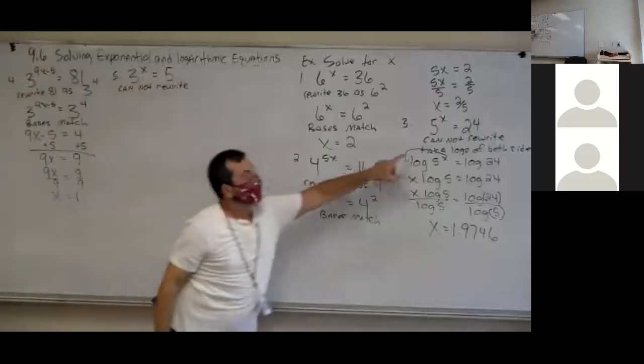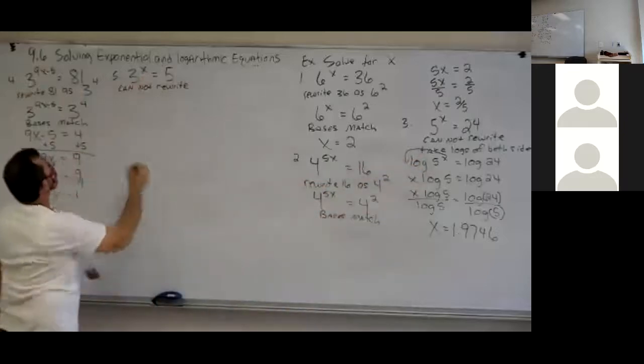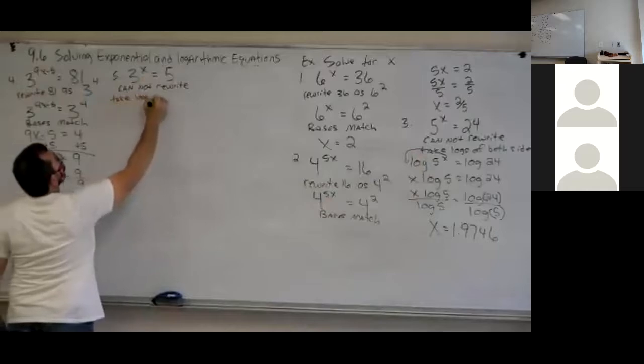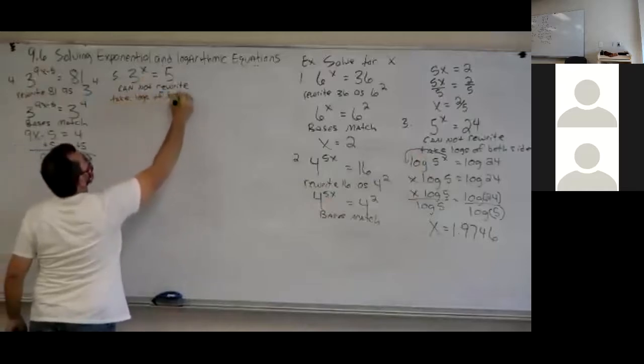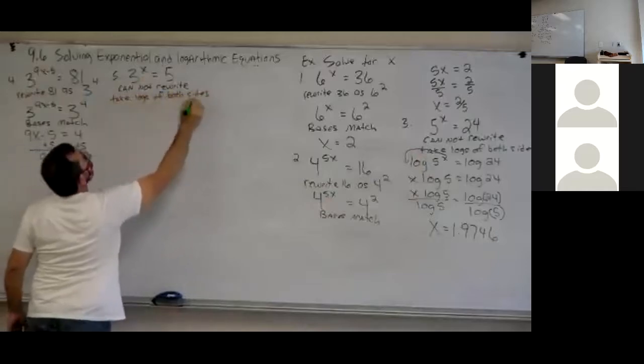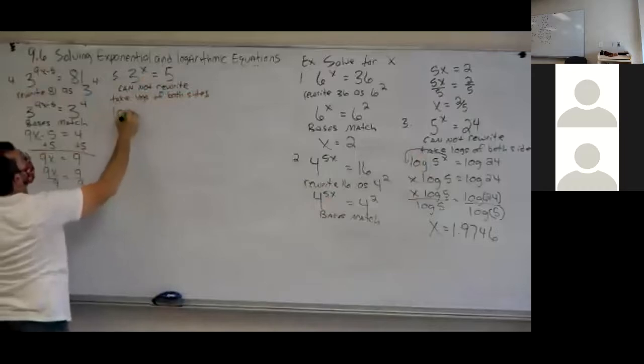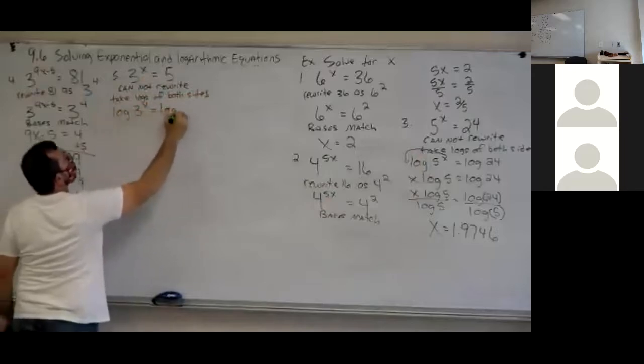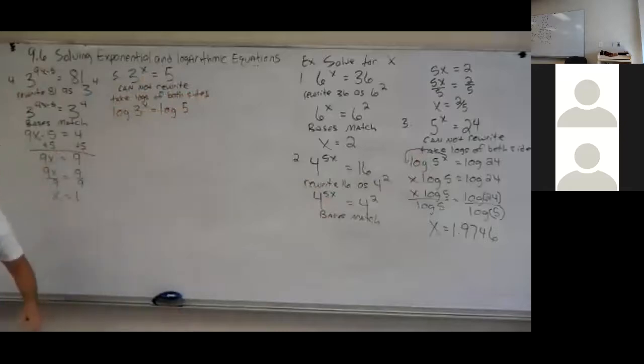So take logs of both sides. So I got log of 3 to the x equals log of 5. You know, all this goes back to equations.